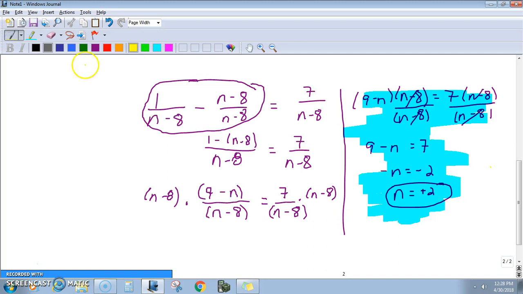And what I'm doing right now is another way to do it. Instead of cross multiplying, we're multiplying both sides by both denominators. Both denominators are the same, so they cancel out on each side, right? And you have 9 minus n equals 7, dot, dot, dot. Let's just say n equals positive 2, because we've already done that a couple times.